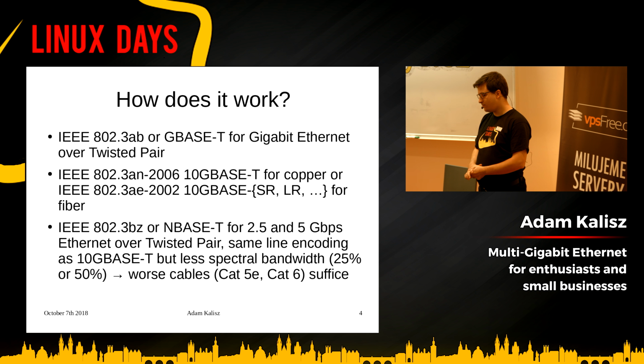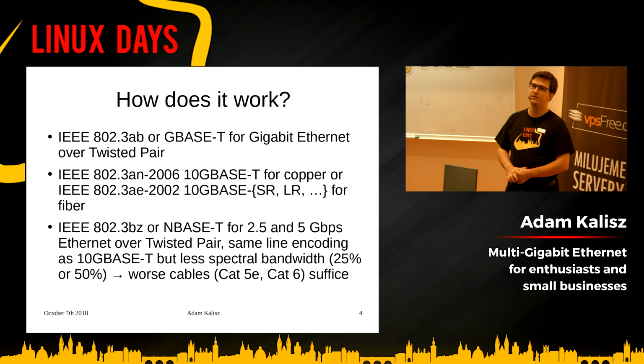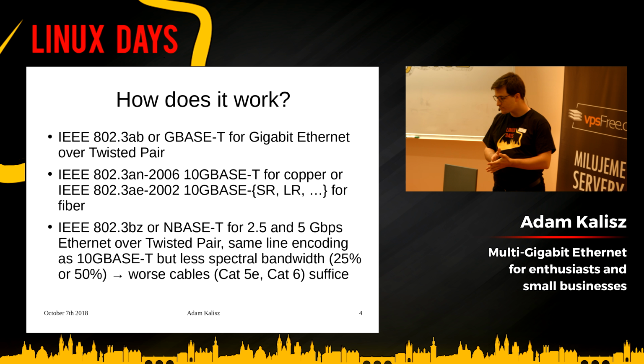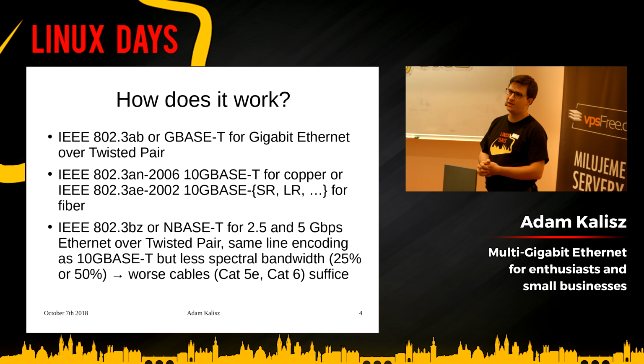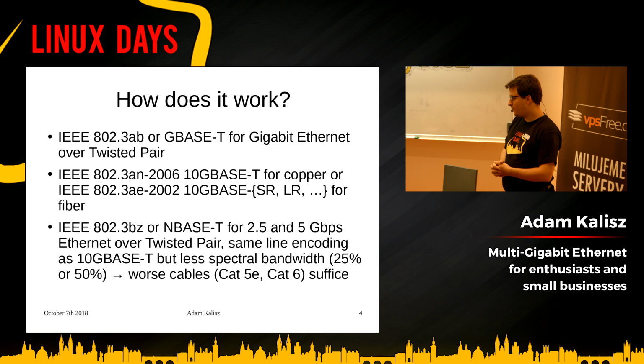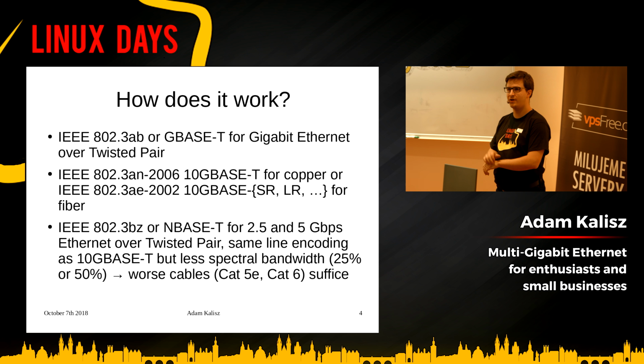And some years ago, there was a new standard, the 802.3bz, also sometimes referred to as N-base-T, that is meant for twisted pair and 2.5 and 5 gigabit speeds. It uses the same line encoding as 10 gigabit Ethernet, so it's a close relative, but it uses less spectrum on the cable.